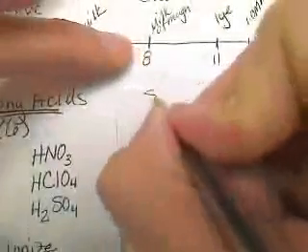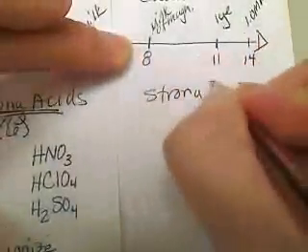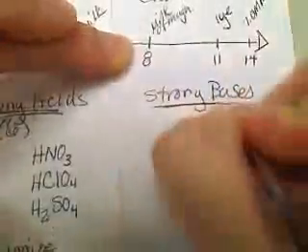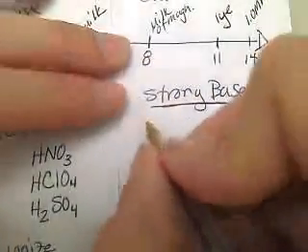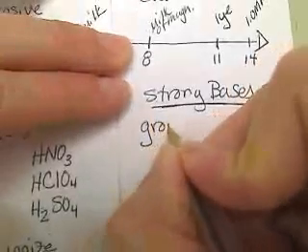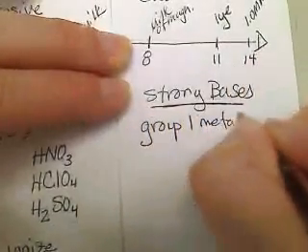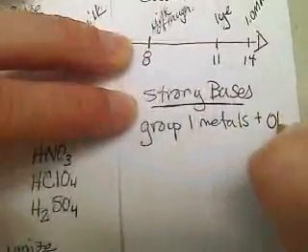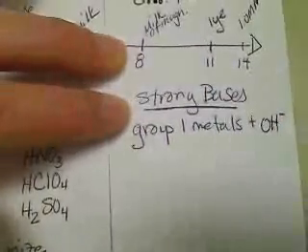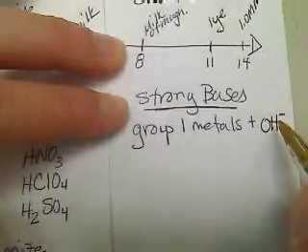All right, so then we're going to have the same thing over here. So now let's list our strong bases. Okay. So our strong bases, these are going to be group 1 metals plus OH minus. Now, if you guys remember OH minus, this is hydroxide, okay?